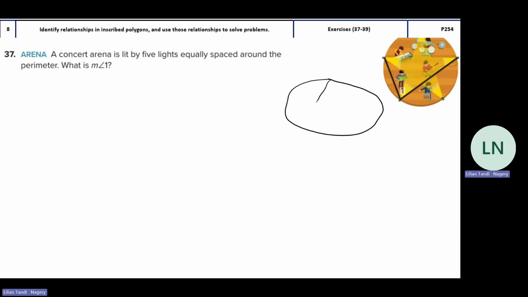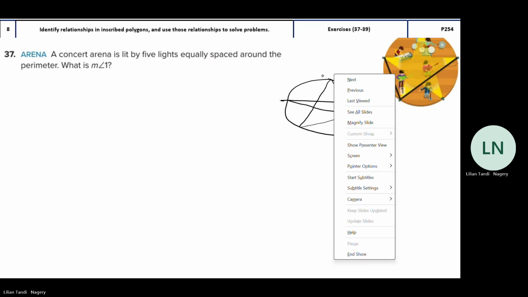There is a line going here, another line going here, another going this way, and another going that way. So it is like a star touching at 5 different places.